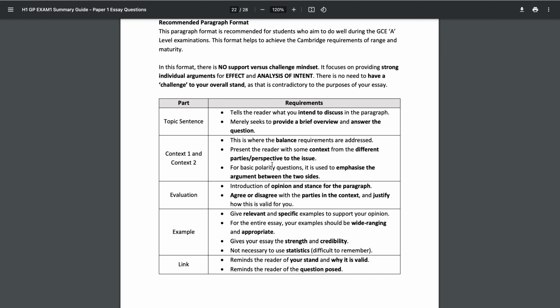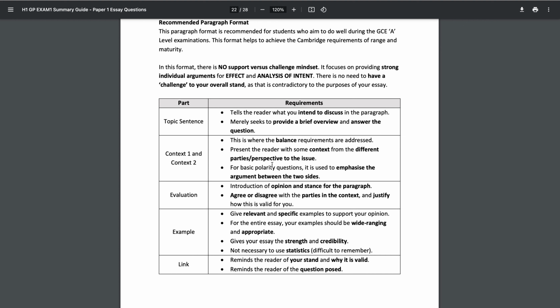That is where you are going to analyze the different issues, the different perspectives when it comes to this discussion point. For basic polarity, this is your yes versus no. For temporal, this is your past versus present. For significance, this is your significant versus insignificant. For absolute, this is absolute versus reality.